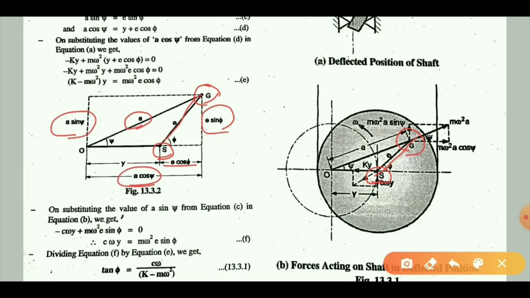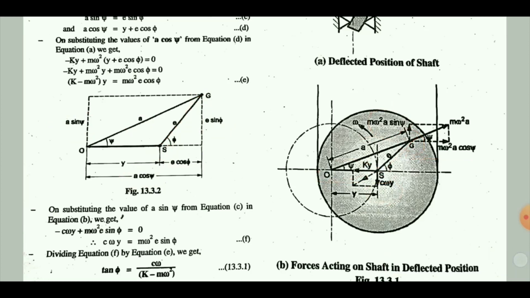Now we have to resolve all the horizontal forces and vertical forces. As you can see, the horizontal forces are m omega square a cos phi and ky, and the vertical forces are m omega square a sin psi and c omega y.